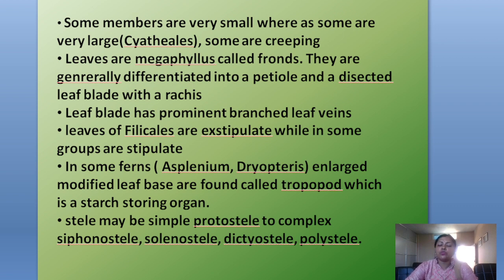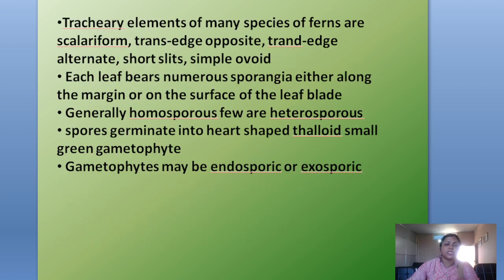For now, only know that protostele is the stele where there is no pith, but in the siphonostele you get the pith. Then solenostele, dictyostele and polystele are also different types of stele found in fern species. These are the modified ones.